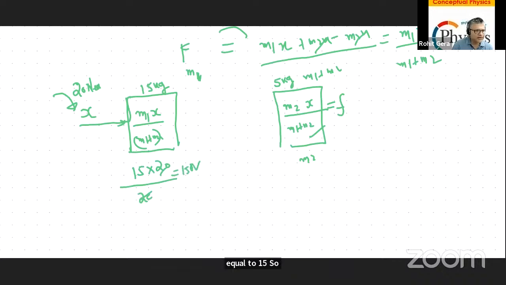So you started with 20 Newton applied on contacted masses, and 15 Newtons has been consumed by the first mass. Where will the balance 5 Newton go?